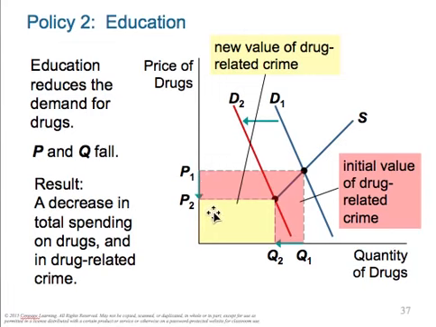Price of drugs goes down, demand goes down. It actually shrinks the problem. So was this large pink area, which included the yellow area you see here, was the initial value of drug-related crime, is reduced to this yellow box here. So just an interesting insight into how to go about the drug war.